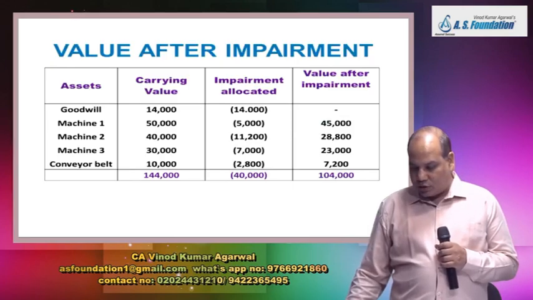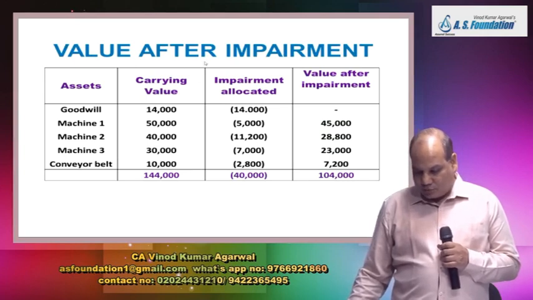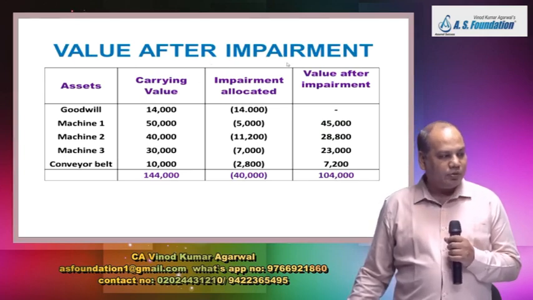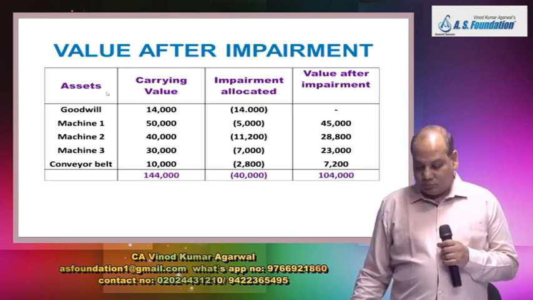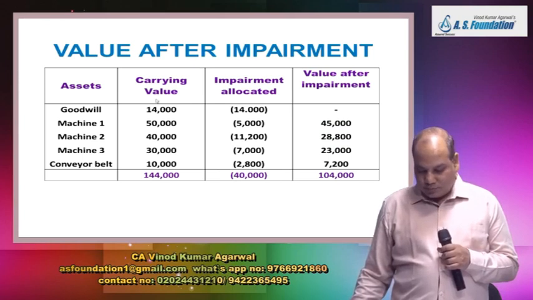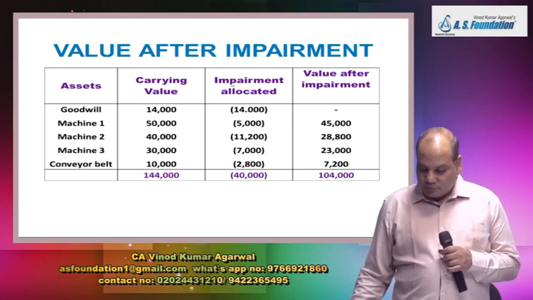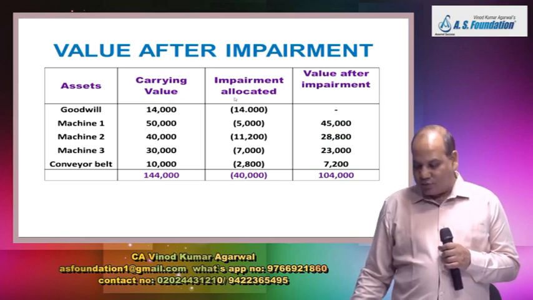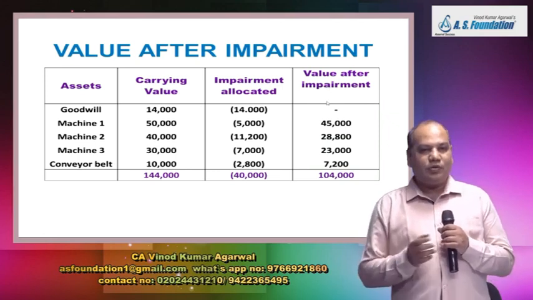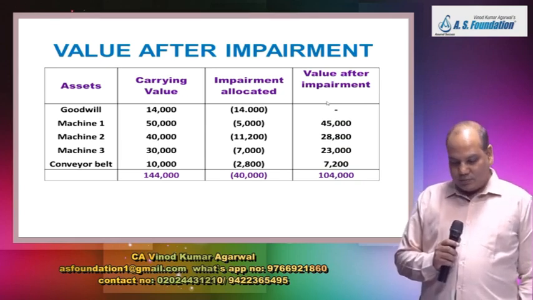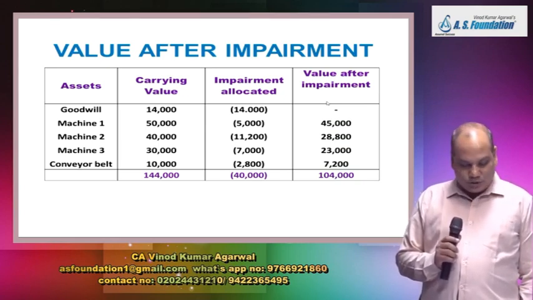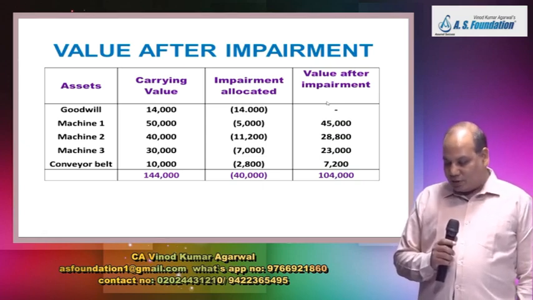Done. One last step. Next, value after impairment loss. These are the assets. These were their carrying amount before impairment loss. This is impairment loss allocated, and this is value after impairment loss. Write down: goodwill, machine 1, machine 2, machine 3, conveyor belt.